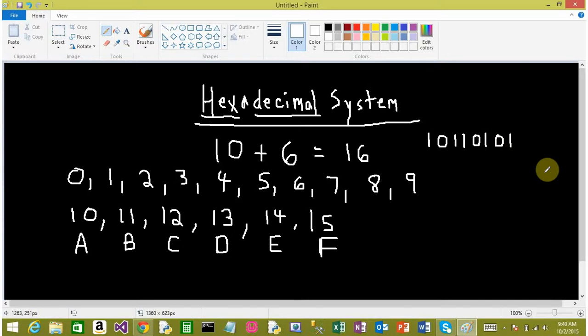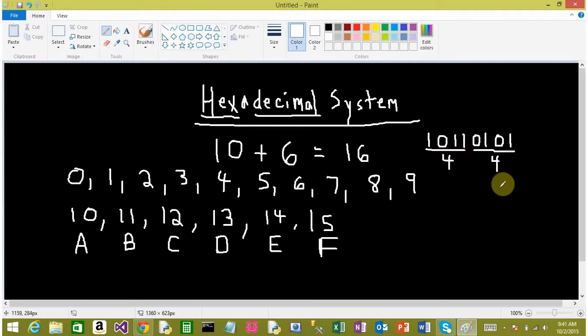And let's say we want to convert this binary number into a hexadecimal number. The way that we're going to do this is we're going to divide the binary number into 4 bits each. So here's 4 bits, 0, 1, 0, 1. And then here's 4 bits here, 1, 0, 1, 1.